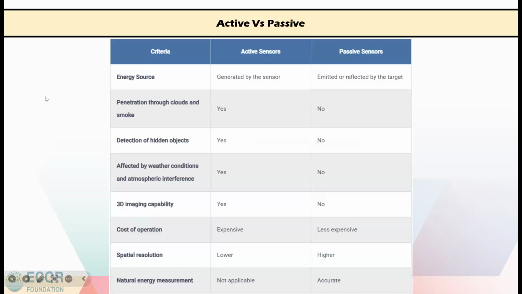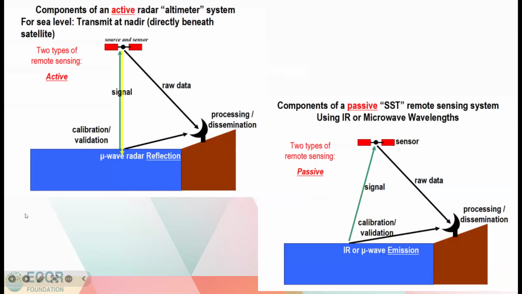So here is the comparative table between active and passive sensors, and why each is used, and the advantages and disadvantages over each other. Here are the components of active radar and passive SST remote sensing methodology.